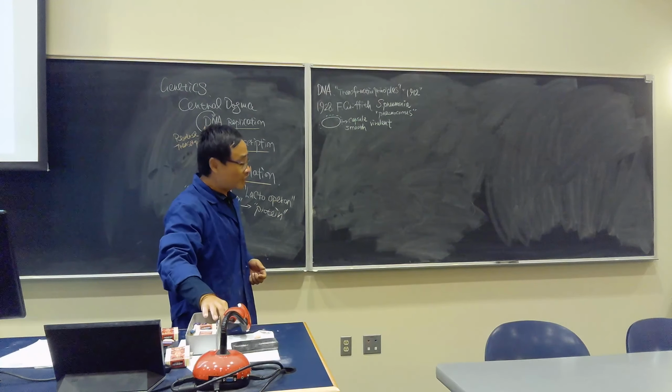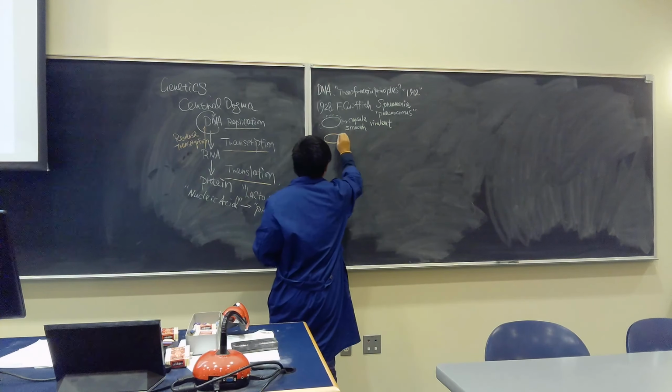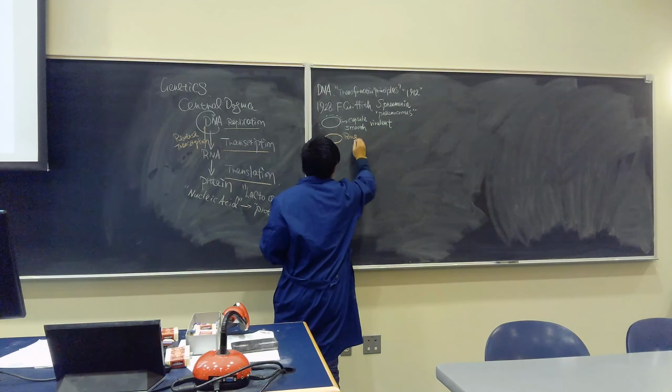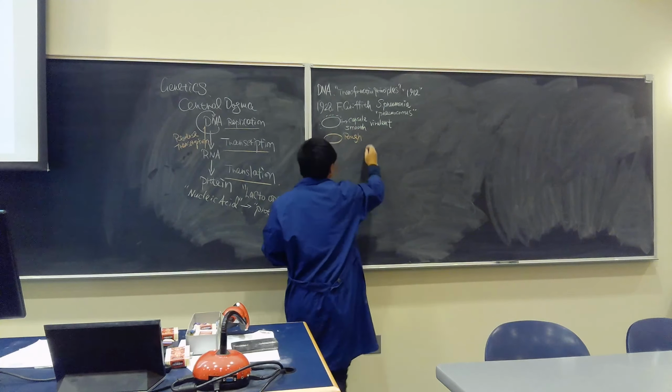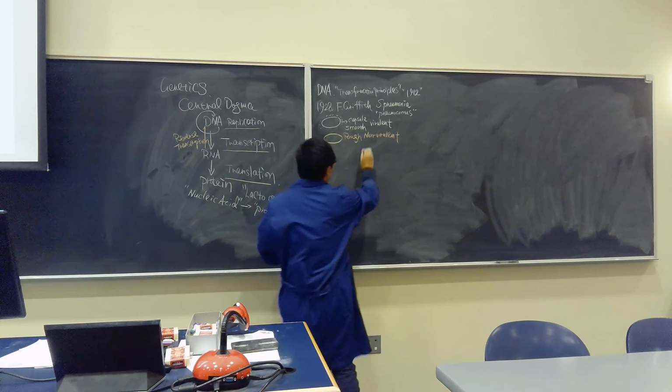But luckily, we have another type of the Streptococcus, which we call the rough one. The rough one is non-virulent, which means the mice or the human being could survive.